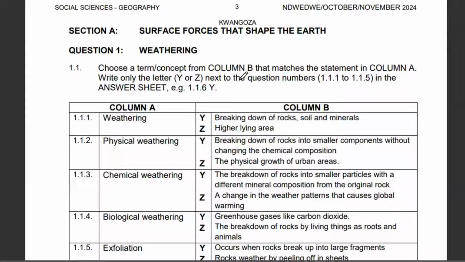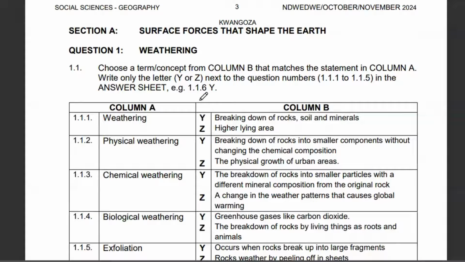For example, 1.1.6 is Y. So column A has terms, and column B has definitions. We have Y and Z, meaning they are giving you two definitions, so you choose the suitable definition that defines a particular term.